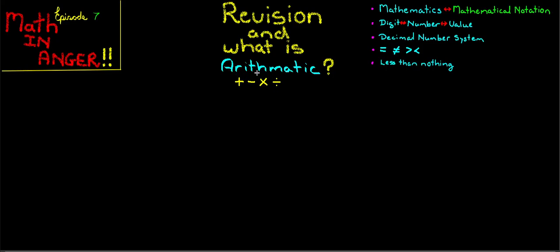Now, this word, arithmetic, if you go and look it up in a dictionary, it's going to tell you something in the order of the branch of mathematics dealing with the properties of manipulation of numbers, blah, blah, blah. But that doesn't actually tell you anything about what it is that you're learning. So yet again, we have to go back in time and we have to go and ask the people who originally used that word, what does this mean?